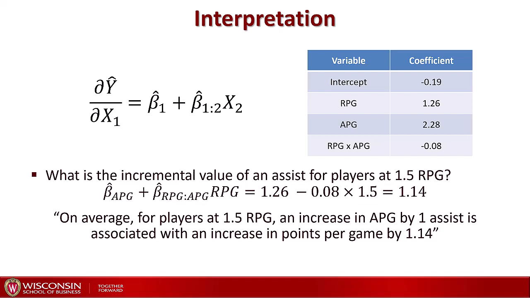We find 1.14, which is interpreted as: on average, for players at 1.5 RPG, an increase in APG by 1 assist is associated with an increase in points per game by 1.14. So we see here that the effect of changing the APG on our predicted points per game depends on the RPG, which is what the interaction term does.